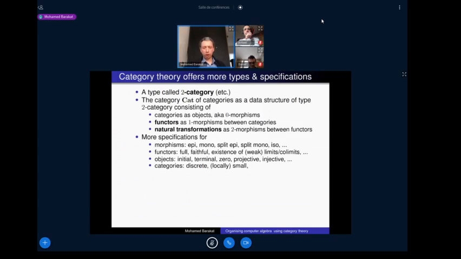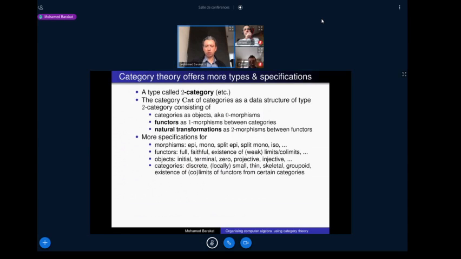Small means even the object class is a set, which is also the case when we do constructive category theory. Thin means that between 2 objects, there is at most one morphism. Skeletal means that isomorphism of objects means equality of objects. Groupoid means that every arrow is an isomorphism and has thus an inverse.